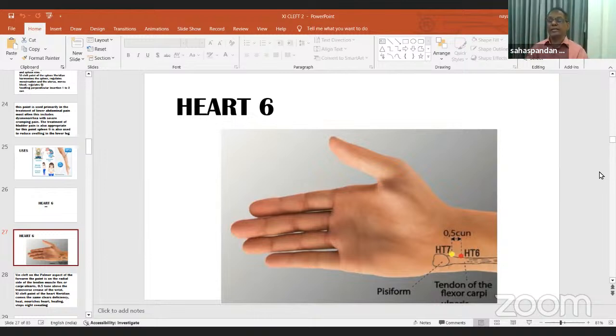This point is used to clear heat from deficiency and to stabilize the spirit.